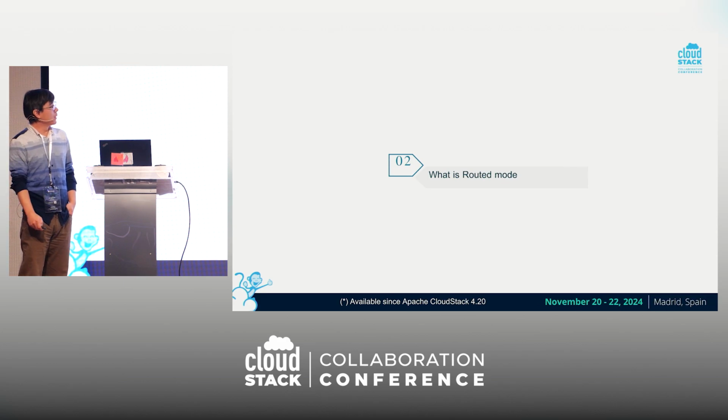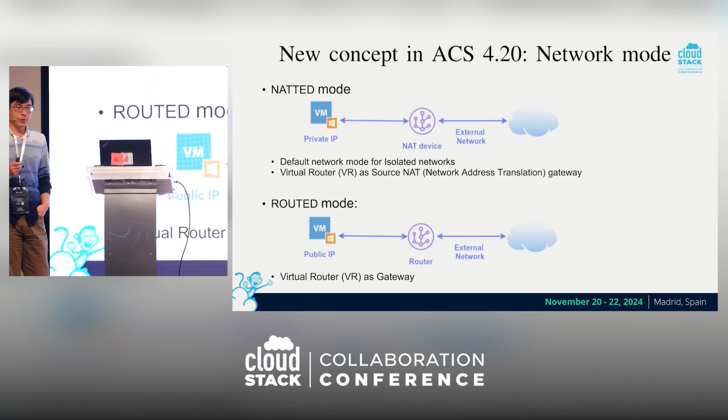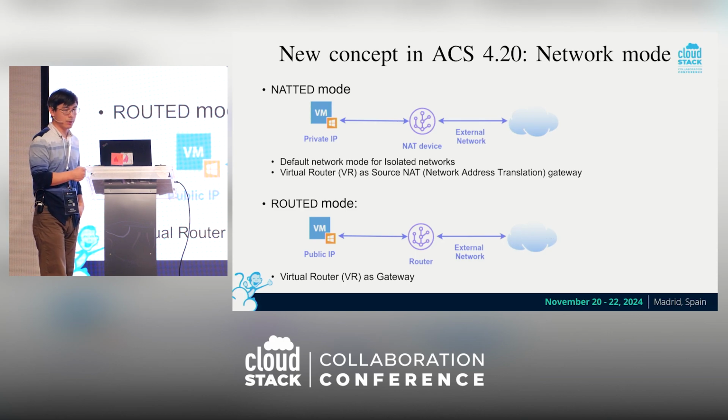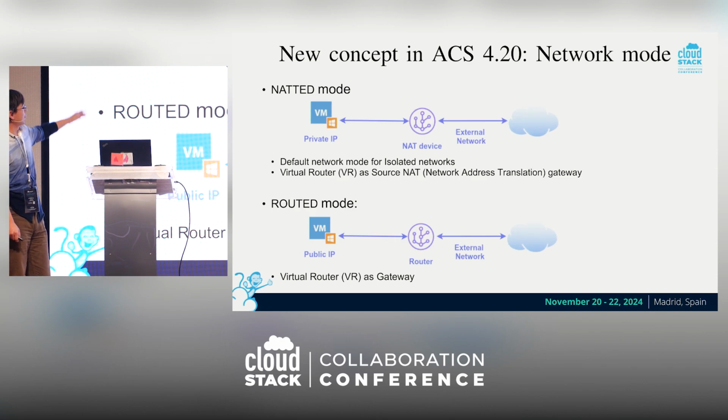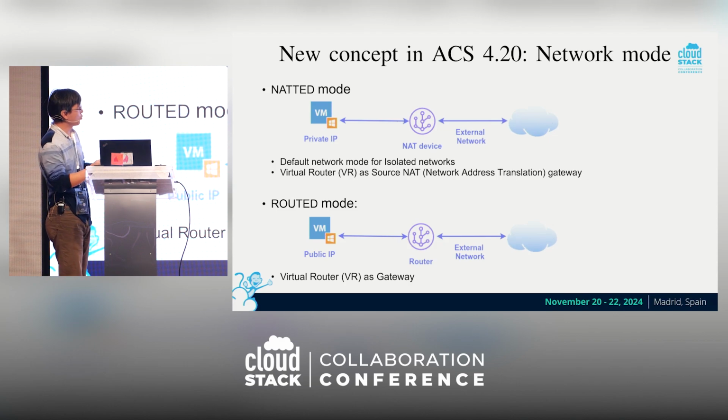What is routed mode? In 4.20, we have introduced a new concept which is named network mode. So there are two options. The first one is native mode. It's the default mode for isolated networks. The VMs use private IPs, so we need NAT to translate the IPs.